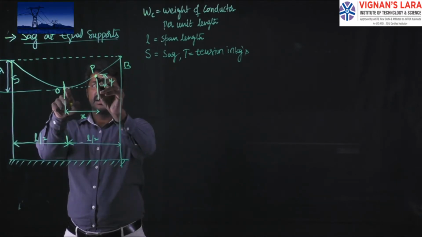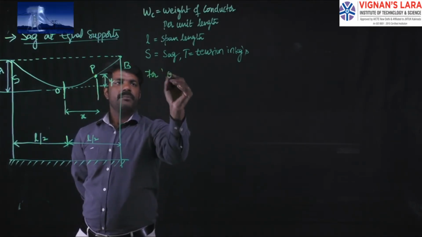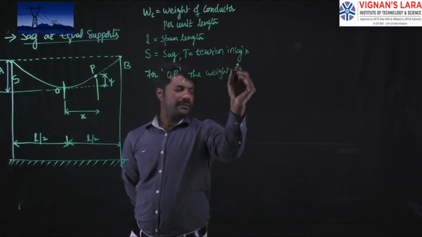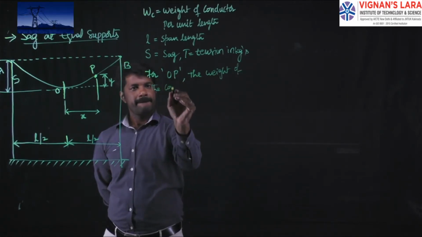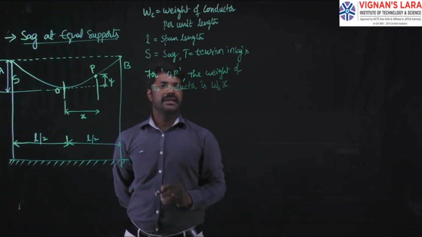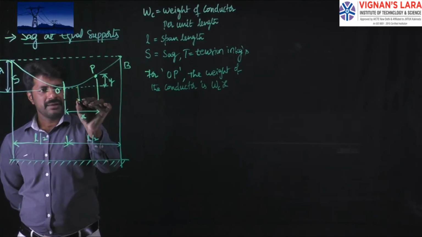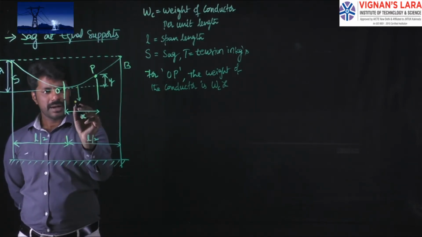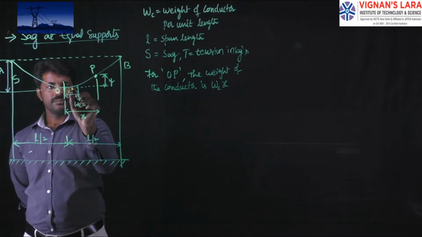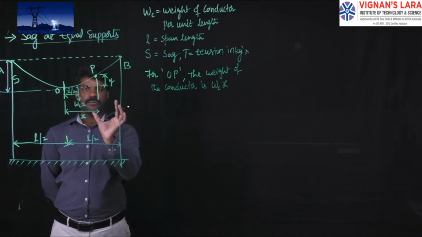So the weight of the conductor for this OP portion will be WC into X. The entire weight of that small section OP, WCX, lies at a distance of x by 2, because at the midpoint the entire weight exists for that small portion of OP.